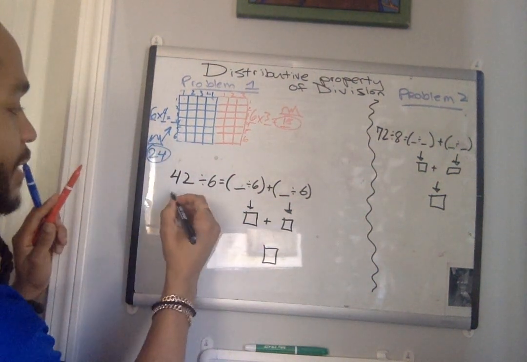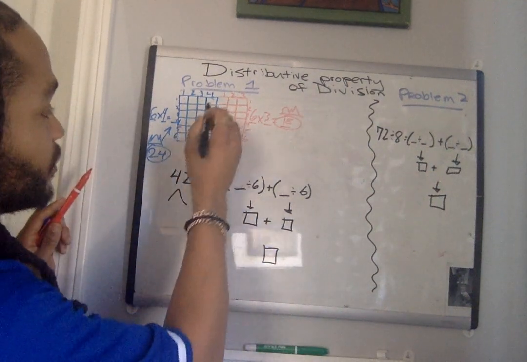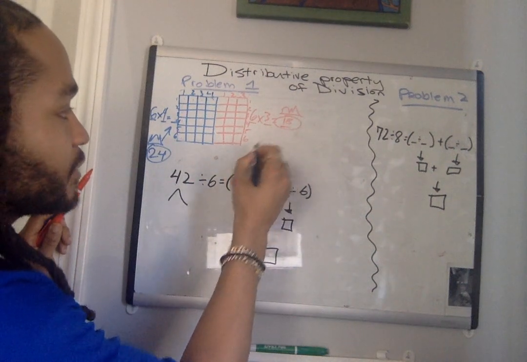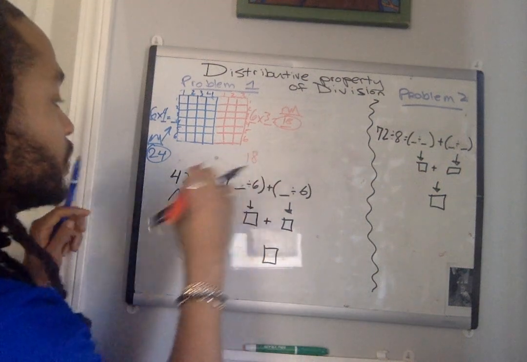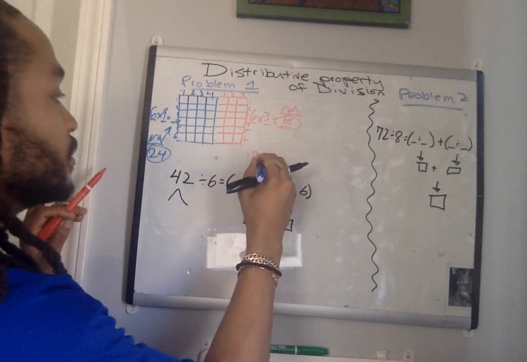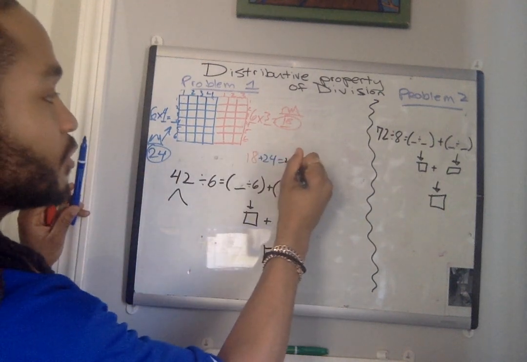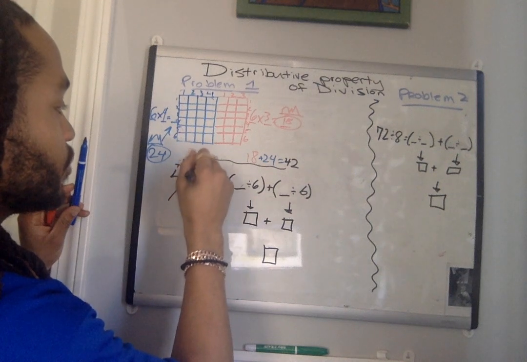So you're going to have to break apart this 42, which, if you notice, if you add 24 and 18, it actually equals 42, which is the total.